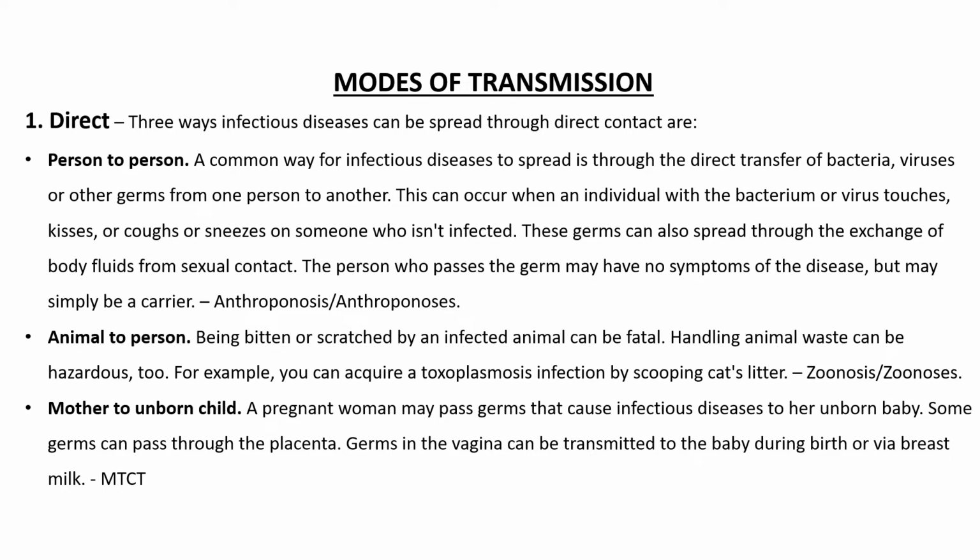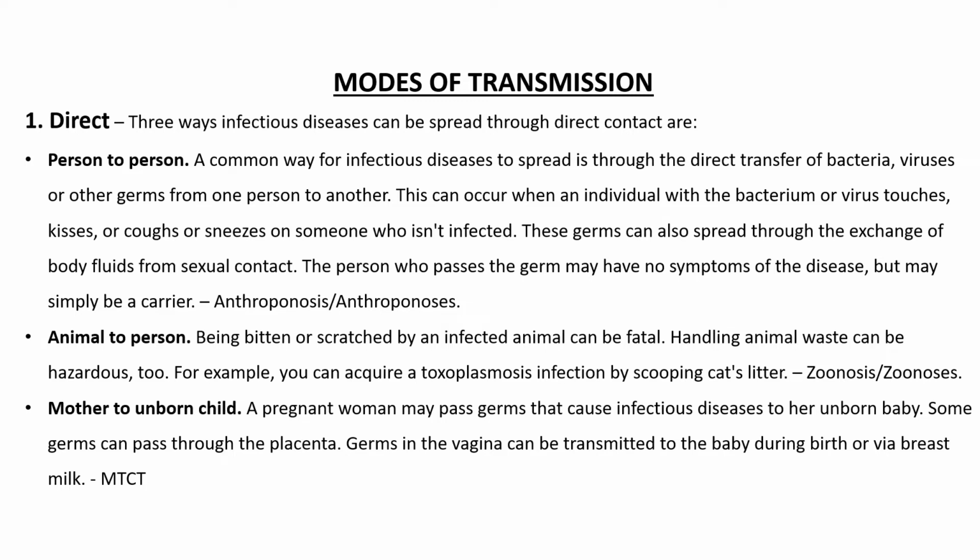Also, handling of animal waste can be considered hazardous in this regard. For example, if somebody has a cat as a pet and wants to scoop the cat litter, there is a possibility of contracting toxoplasmosis by this process.